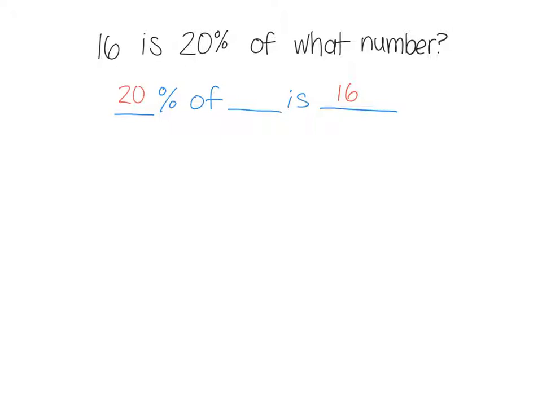Notice it does not say 20% of 16. It says 20% of what number? So I don't know what I'm finding 20% of, so I'm going to leave this blank. Now see if you can remember what the next step is.